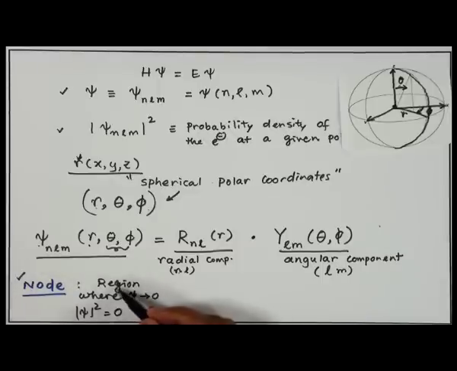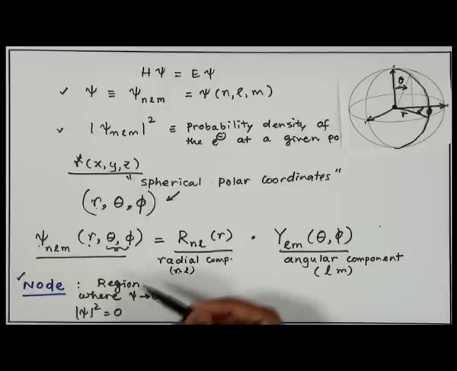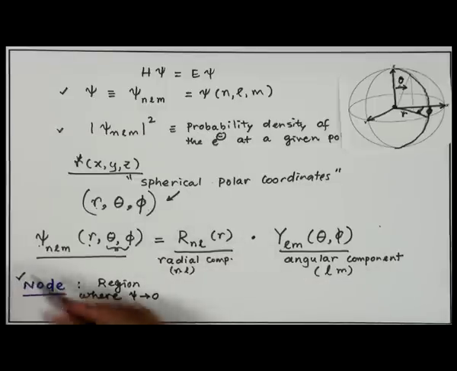node. I am intentionally using the word region, it can be a point or along a line or along a plane or along a surface, whichever. So, whenever the probability vanishes exactly, so the wave function is 0 and therefore, the probability is 0, we call that a node. Now, you look at this wave function.